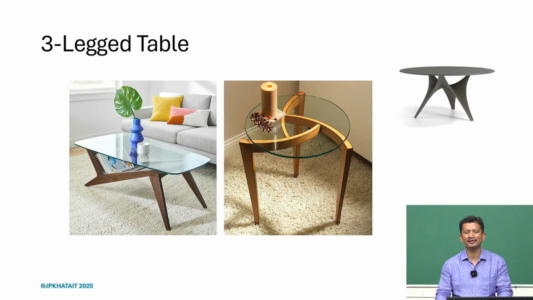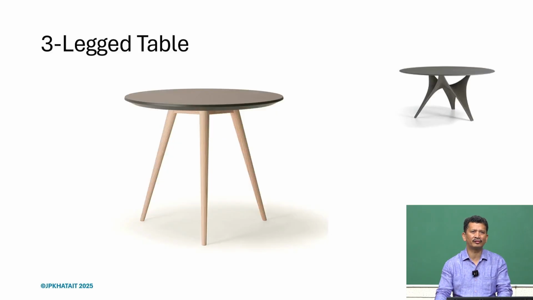One thing we realize is that these tables don't rock, they are quite stable, and that's the reason that in houses, even in gardens, in different places, if we are not sure of the surfaces, we can take them and put them down, and we can quite easily put things on top of them, and more or less they are stable. So what is the reason? Let's try to understand.